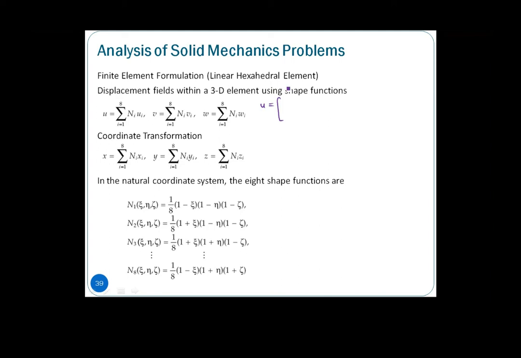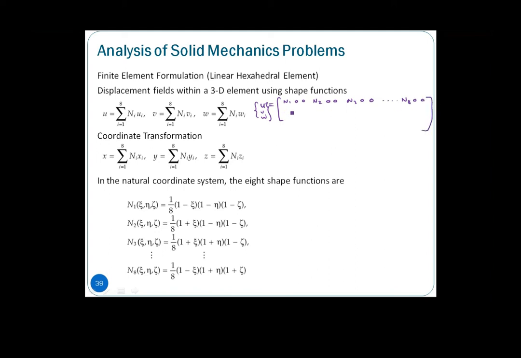We have n1 0 0, then n2 0 0, n3 0 0, until n8 0 0.